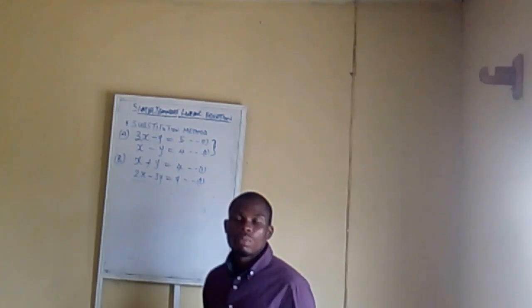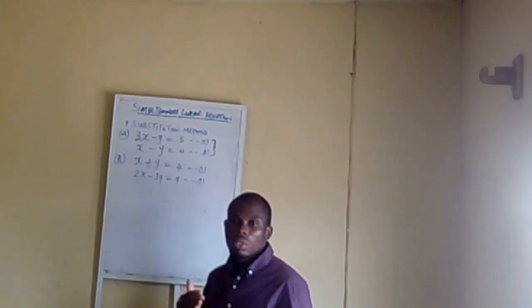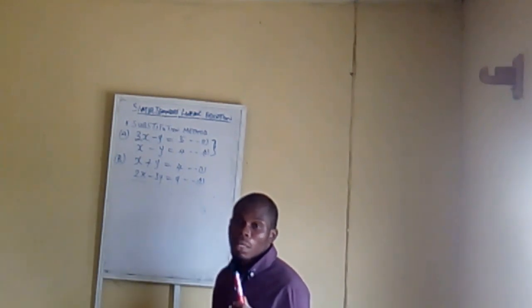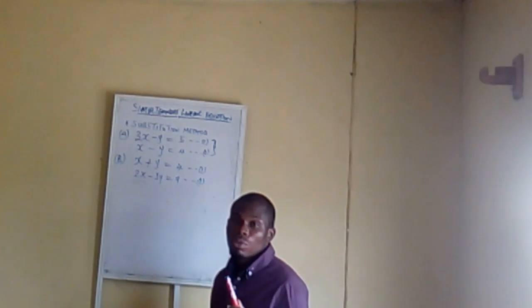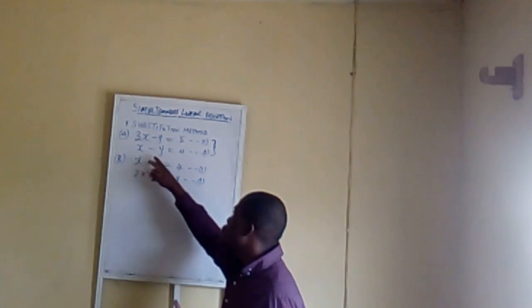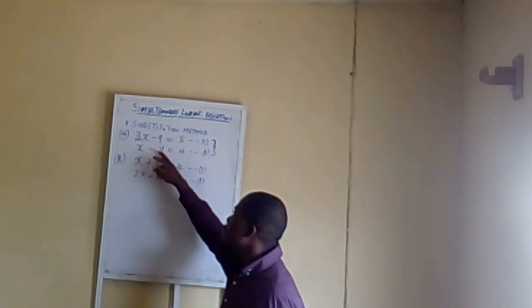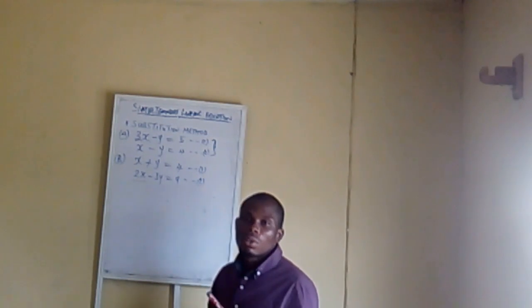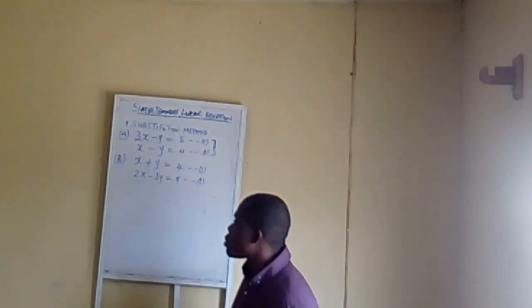So what we are going to be doing is to rearrange the equation in which the variable has the coefficient 1, in order for it to be the subject of the relationship. So we are going to bring out equation 2, x minus y equals 4. We are rearranging it in order for x to be the subject of the equation.